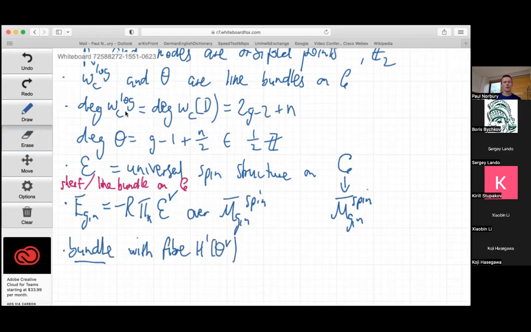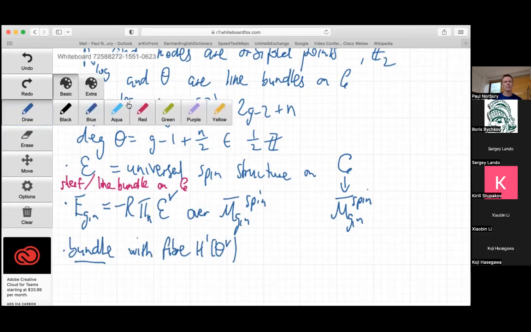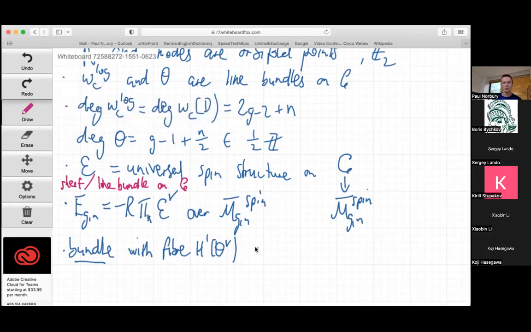So in general, this would be a virtual bundle given by H0 minus H1, or I'll put a negative sign here, so H1 minus H0, but we in fact have the H0 vanishes in each case.